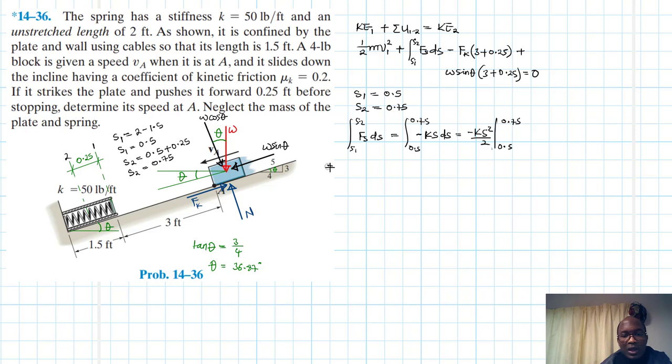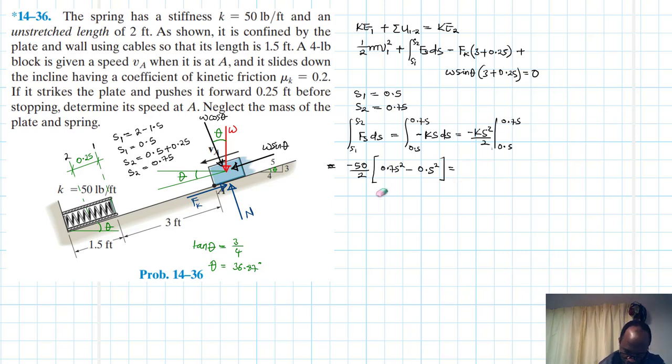So if we went further, our stiffness is 50, so we have a minus 50 divided by 2. Then we open brackets, then we'll have 0.75 squared minus 0.5 squared, like so, which just becomes equal to minus 25 times, and we can work this out, these are just all numbers.